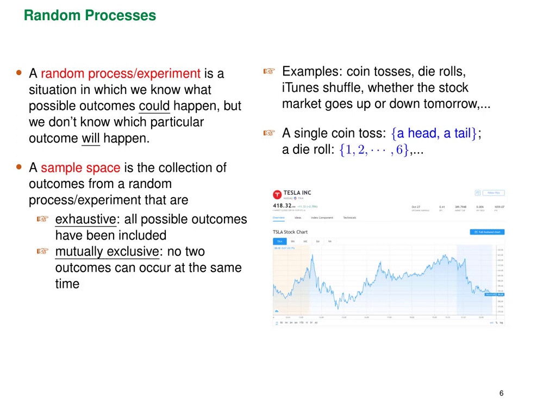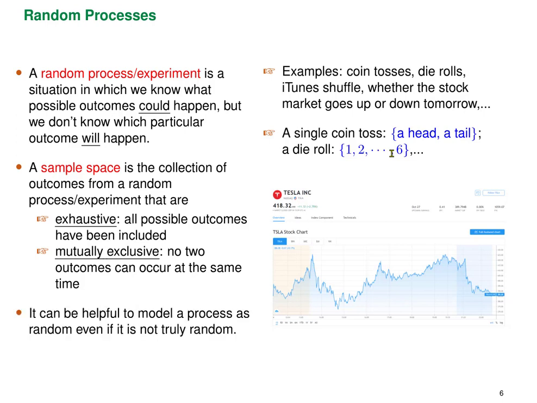When we list the outcomes in a sample space, we need to make sure that these outcomes are exhaustive, namely, all possible outcomes have been included, and they are also mutually exclusive, namely, no two outcomes can overlap simultaneously. For example, the sample space of a single coin toss consists of two outcomes, head and tail. A die roll can have 6 outcomes, 1, 2, 3, 4, 5, and 6.